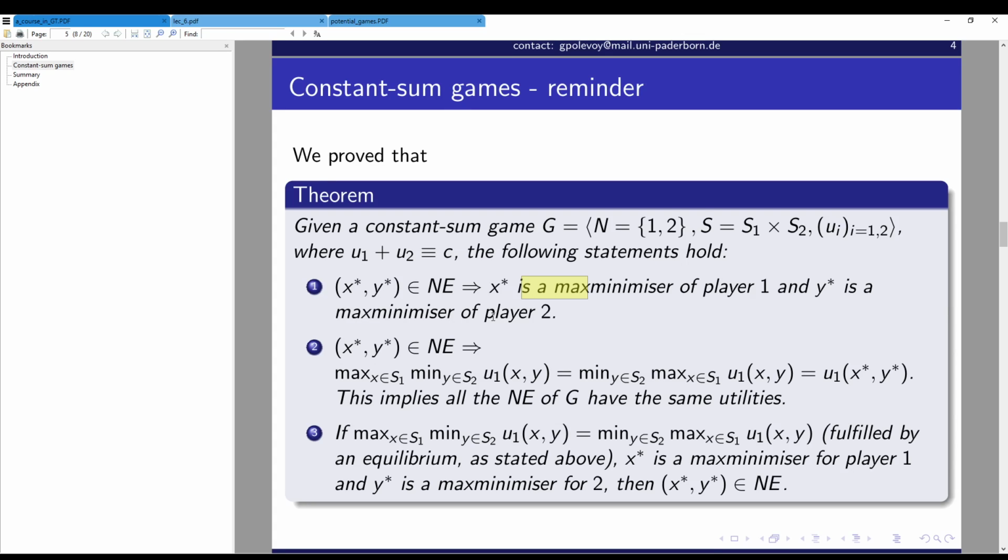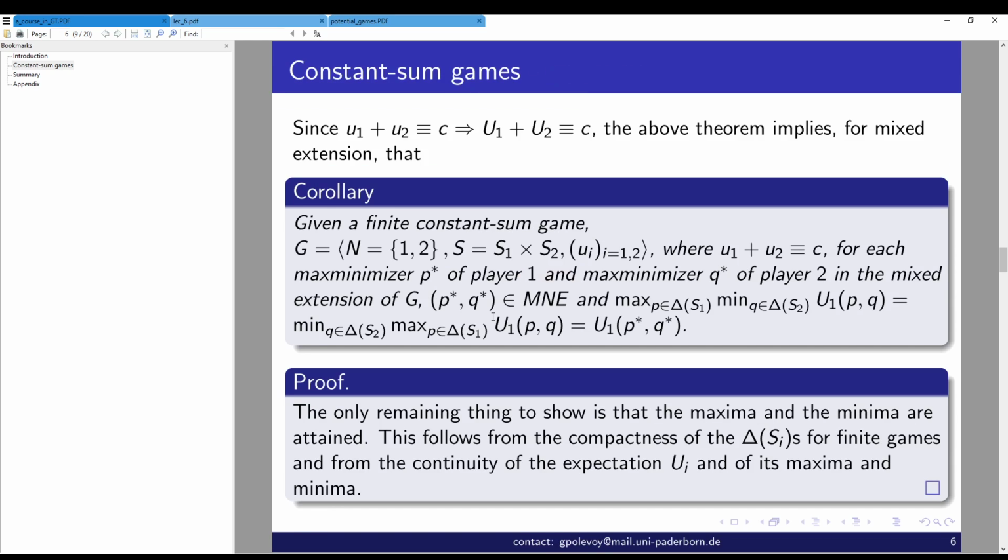Now that's in general, and in general we don't know we have a Nash equilibrium, but from this theorem we can conclude the following about constant sum games, about the mixed extensions of finite constant sum games.